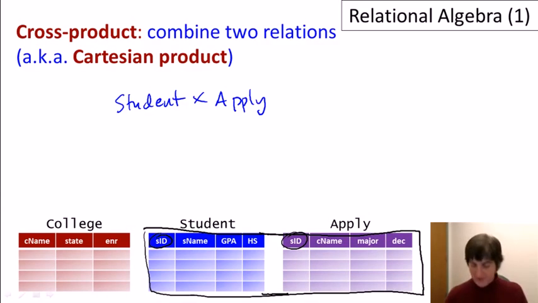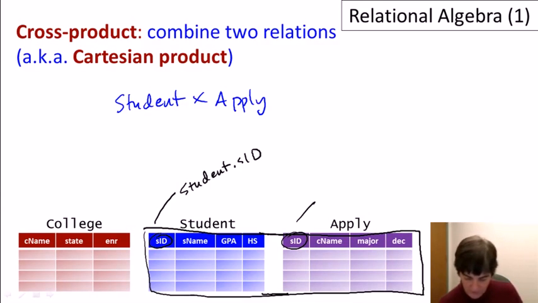We can see we have SID on both sides. So just as a notational convention, when cross product is done and there's two attributes that are named the same, they're prefaced with the name of the relation they came from. So this one would be referred to in the cross product as the student.sid, where this one over here would be referred to as the apply.sid. So again, we glue together in the Cartesian product the two relations with 4 attributes each. We get a result with 8 attributes.